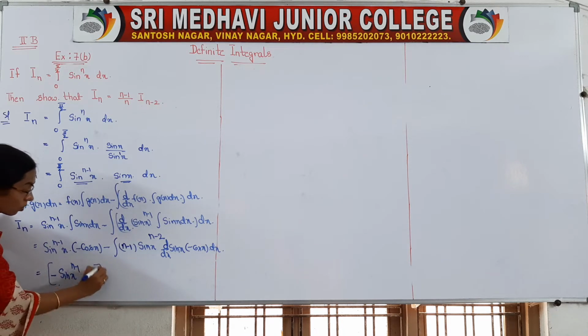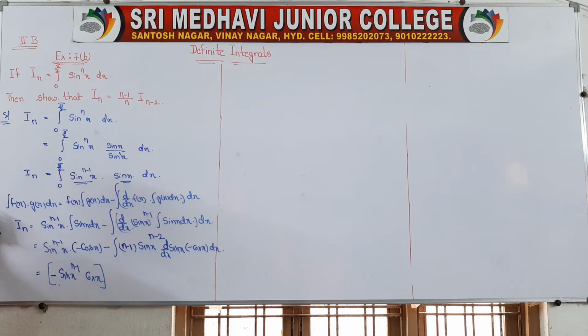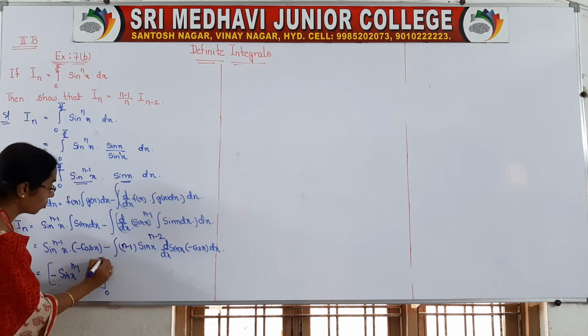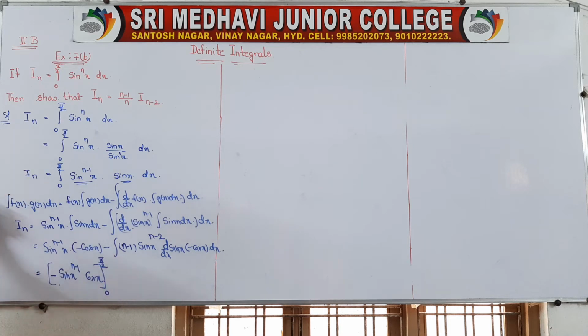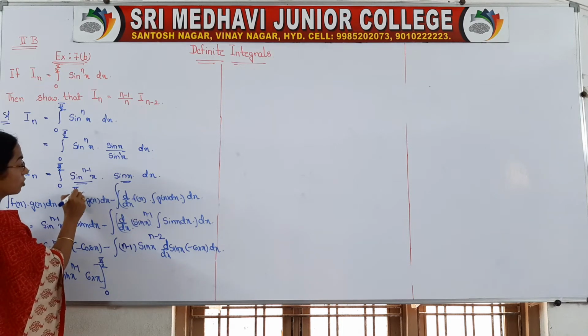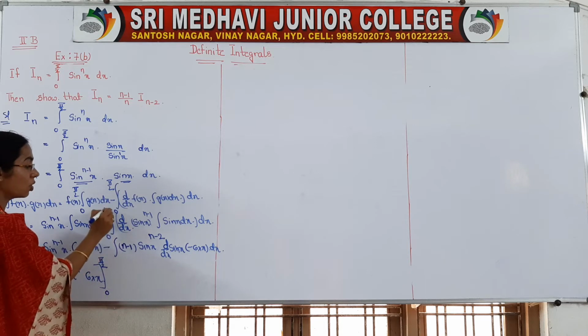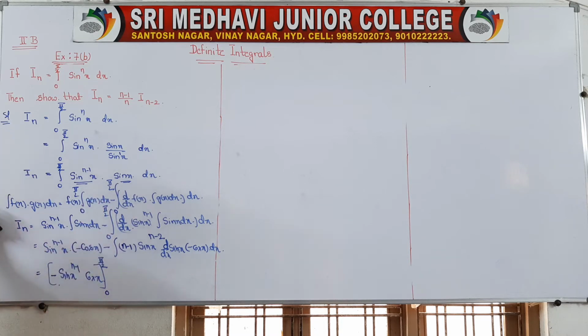Once the integral is over, we have to take the limits on the right side. So it is 0 to pi by 2, isn't it? Here the integral is 0 to pi by 2. So 0 to pi by 2. Here also 0 to pi by 2 will be there.